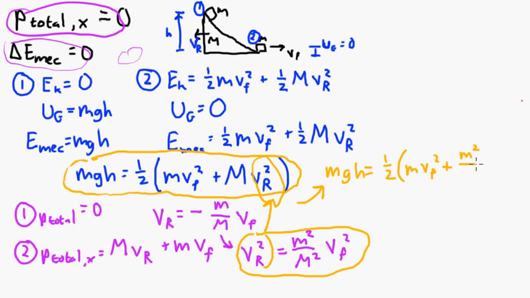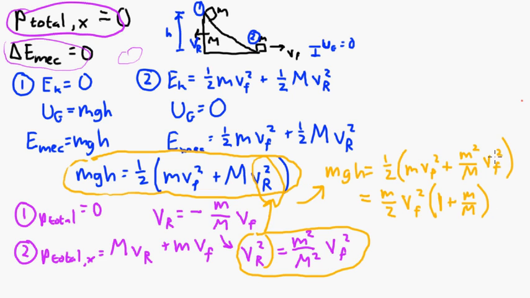Okay, so now we've got it all in terms of vf squared. And so what we can do now is pull the 2 over, and I'm going to pull an m out here. So equals m over 2 times vf squared times a term that is 1 plus little m over big M. So this here is still equal to this, and it's all equal to this, right?